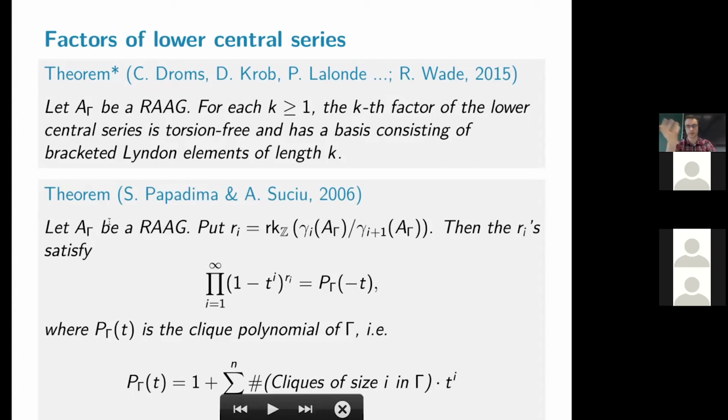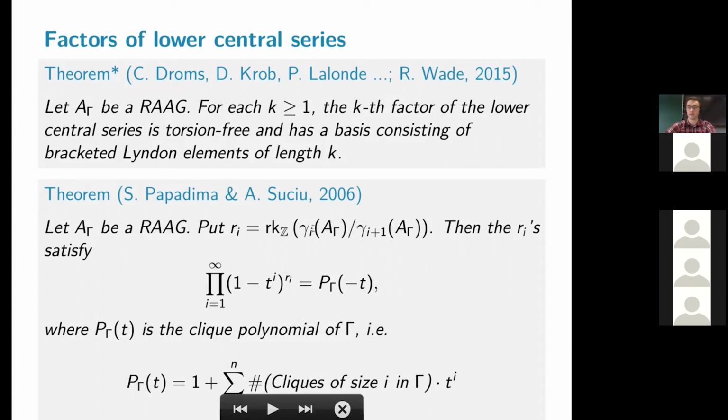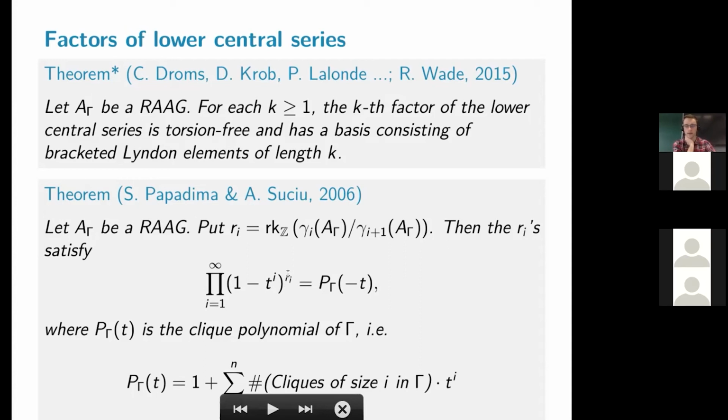So for a right-angled Artin group A_Gamma, we know this factor is a free abelian group, so it has a finite rank R_i, and then the R_i's are related in the following way. If we take this infinite product, 1 minus t to the power i, and this element to the power R_i, then this infinite product will yield us exactly the clique polynomial of our graph Gamma evaluated in minus t.